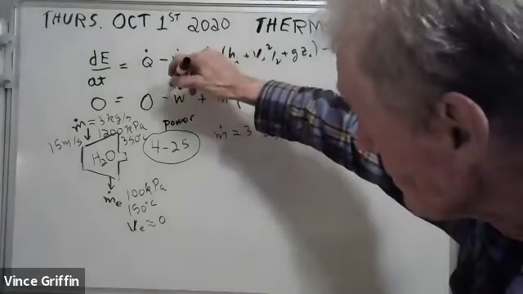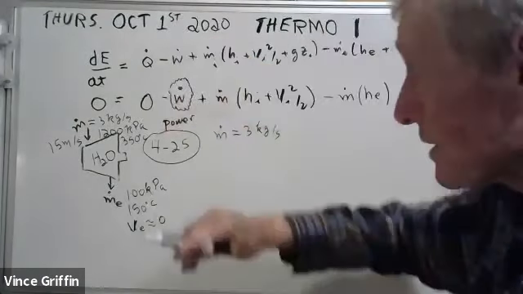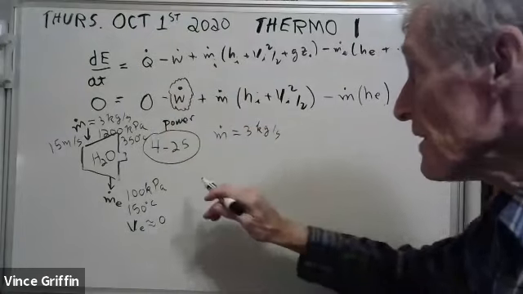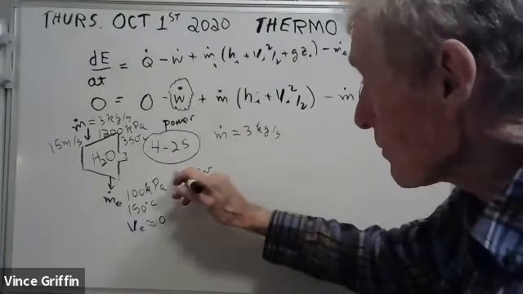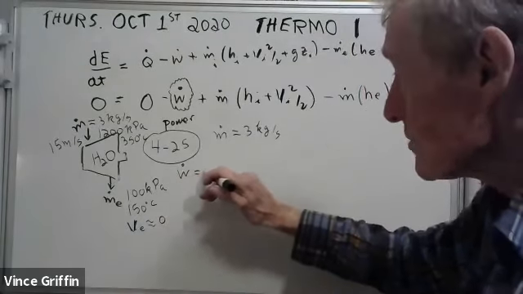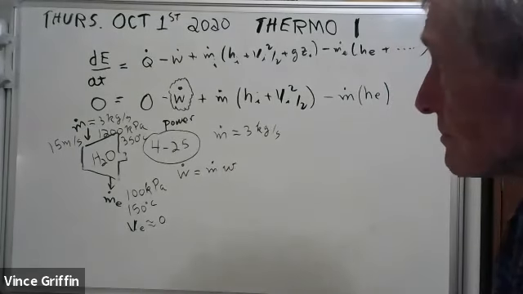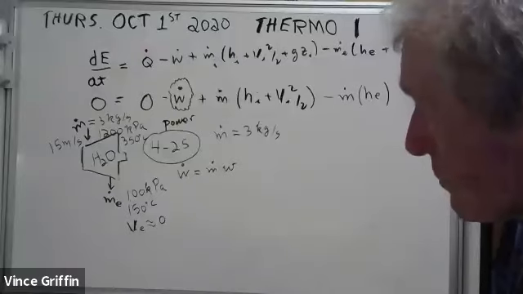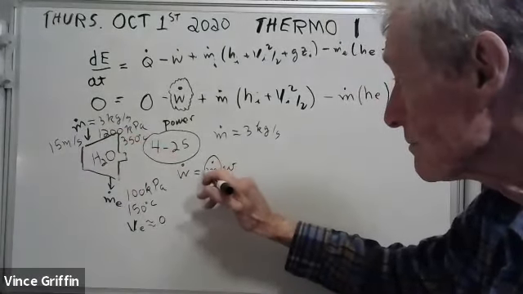They want us to find little w. See, the way it works is big W dot is equal to m dot times little w. We know m dot. Let me circle that.